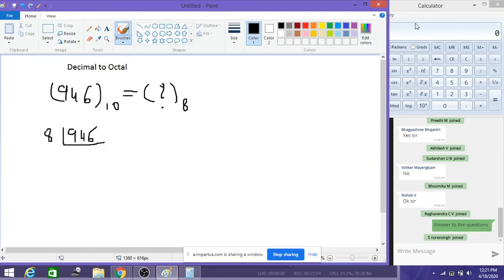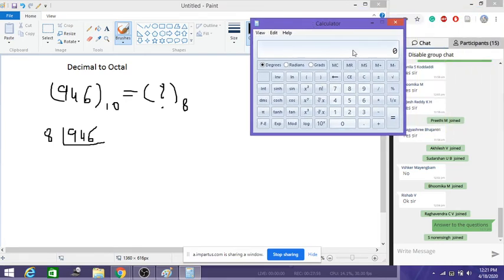So in the calculator we can write this as 946 divided by 8. So 8 into 118 something.